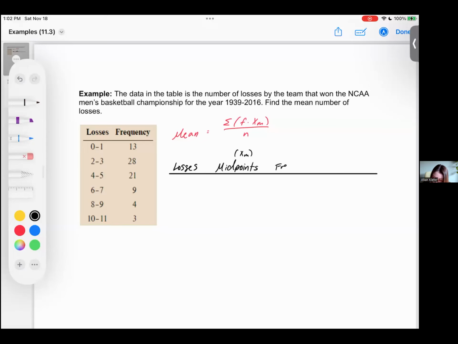Then we have the frequency. And then lastly, we're going to have that product of the midpoint times the frequency. We say frequency is that little f. So our last one will be that f times x sub m. So we can rewrite a lot of this data here.